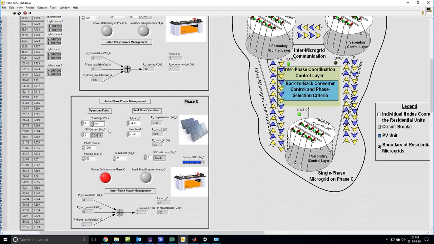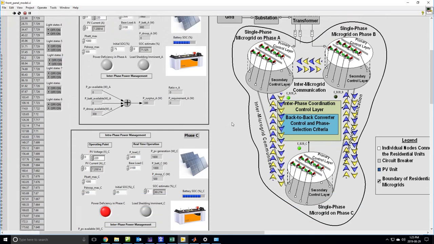So this is how the interface power management strategy takes place. Also for representation, the flow of these arrows shows that there is a power transfer from phase A to phase C. The back-to-back converters connecting phase A and phase C are represented by the green digital signals here.